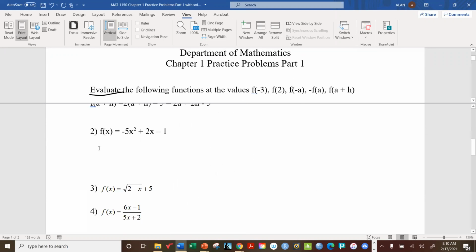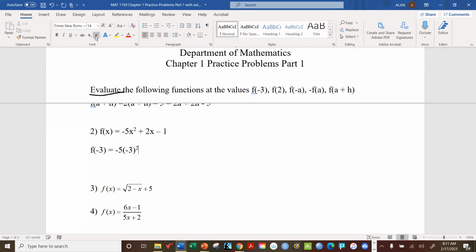So for number 2, we're going to evaluate the same 5 cases. So we'll start with f of negative 3. So we'll have minus 5 times negative 3 squared plus 2 times negative 3 minus 1. So we'll have negative 5 times 9 minus 6 minus 1, which is minus 45 minus 6 minus 1, which is minus 52.